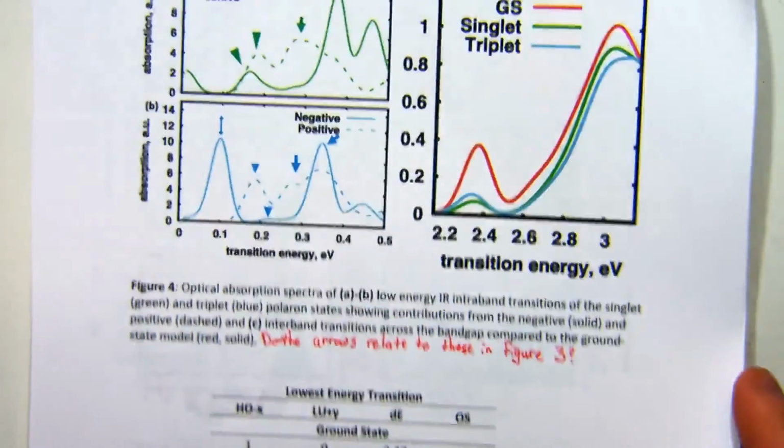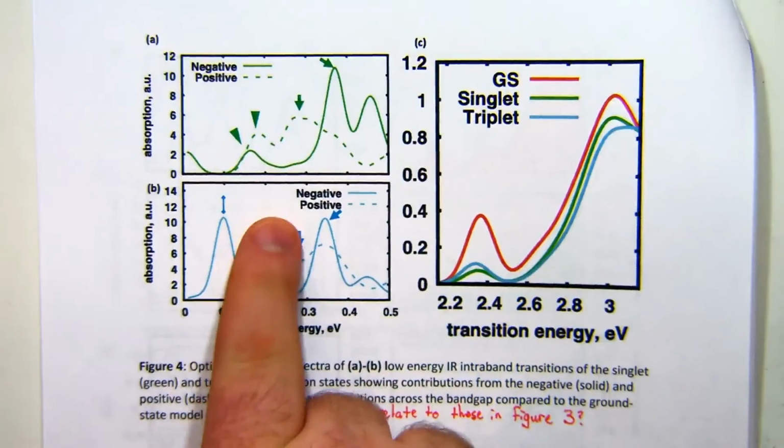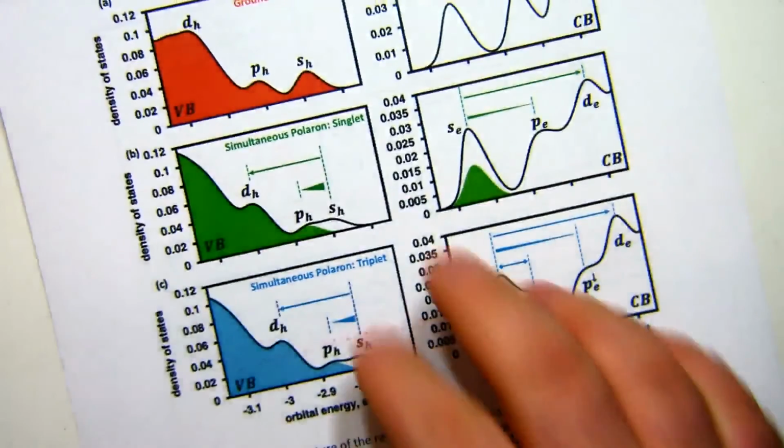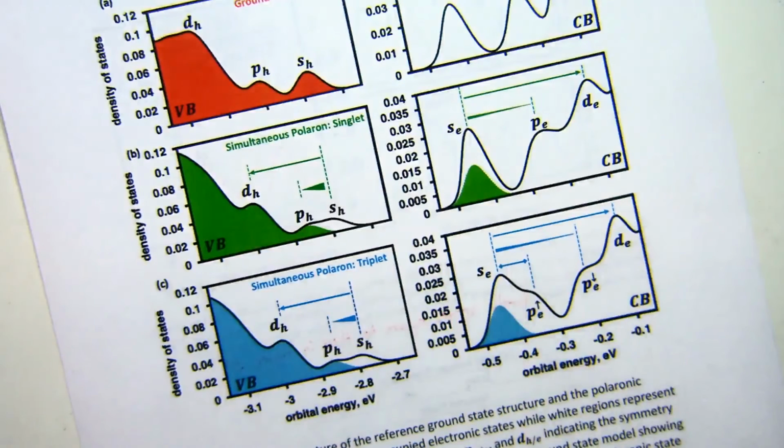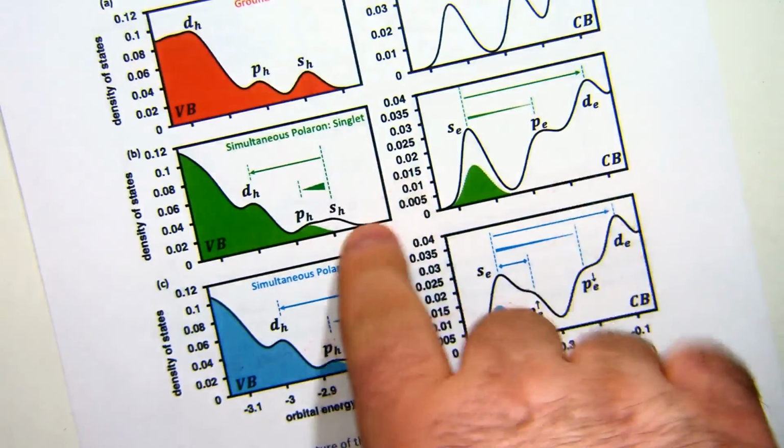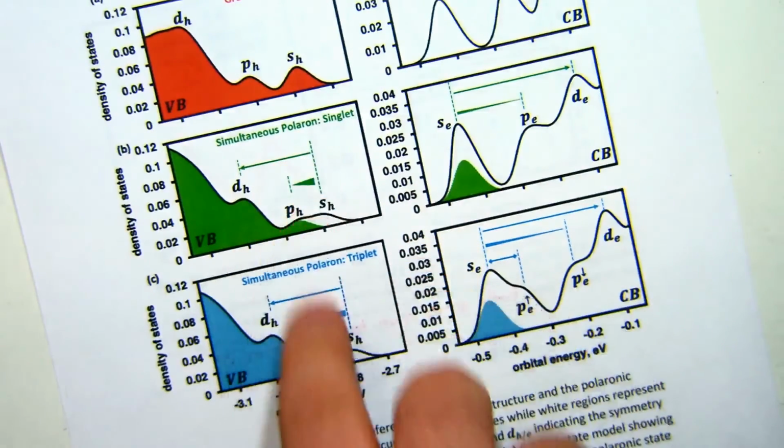And my other question or comment, whatever you want to call it. On these figures, you have arrows. So you have arrows on that figure. Are they meant to correspond to these arrows?